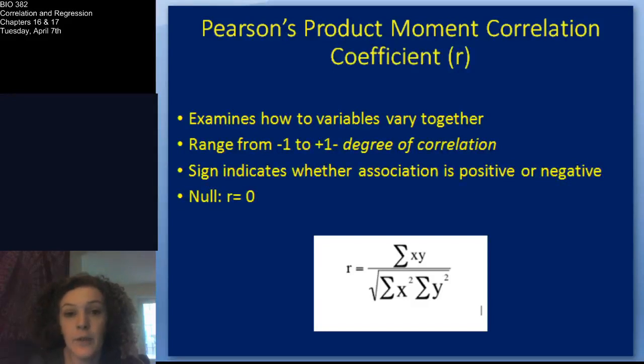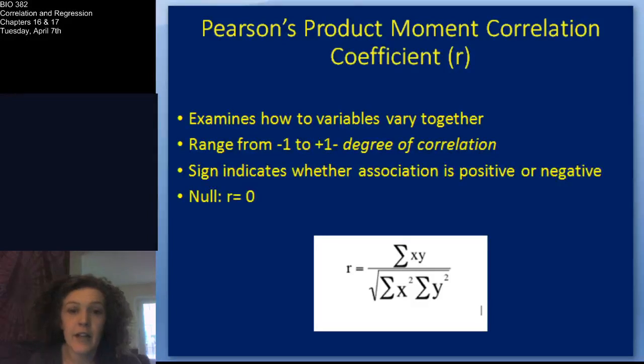So I'm going to show you three kinds of correlations, and you get some sort of coefficient with each one. This one, the Pearson's correlation coefficient, is a little r. So your r value is essentially telling you the degree of correlation between your variables, and it ranges from -1 to +1. All right.